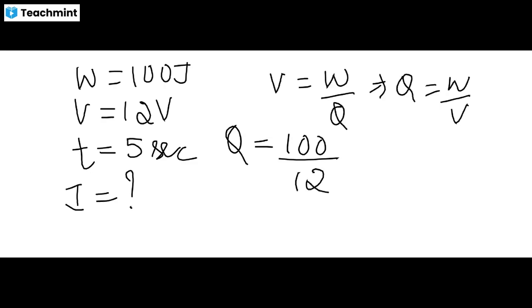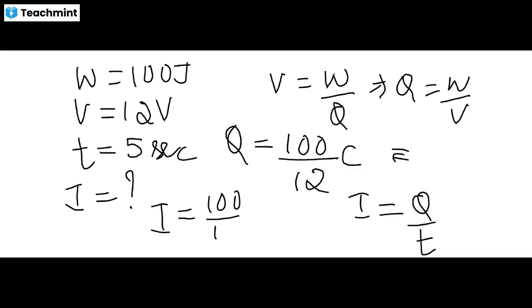Now you got the charge and you should calculate current. How do you calculate current? I is equal to Q by T. So I is equal to Q, 100 by 12, into 1 by 5. Sorry, time is 5 seconds.